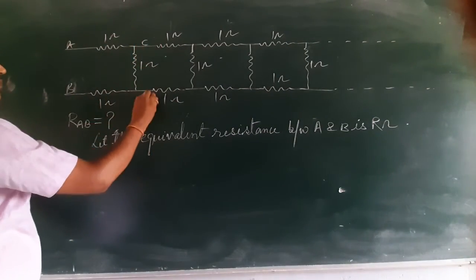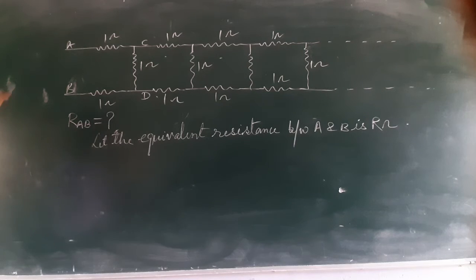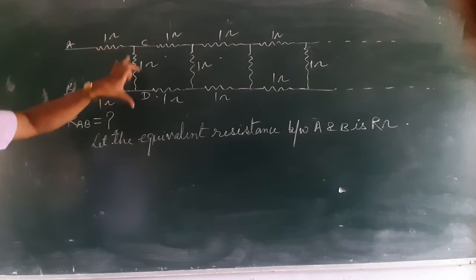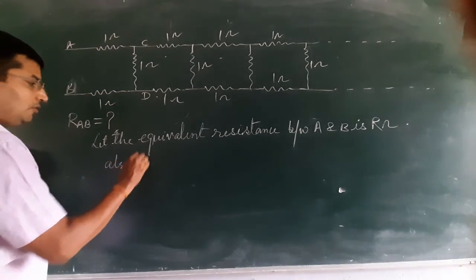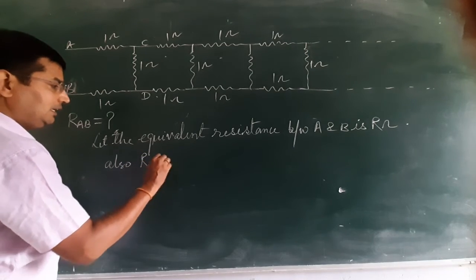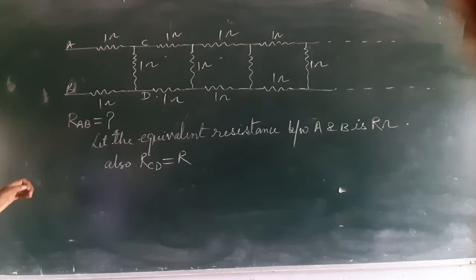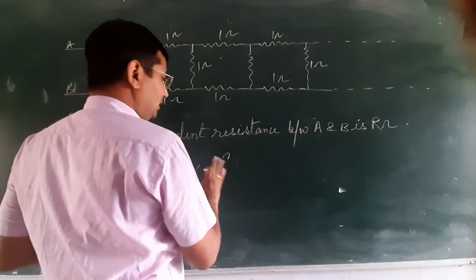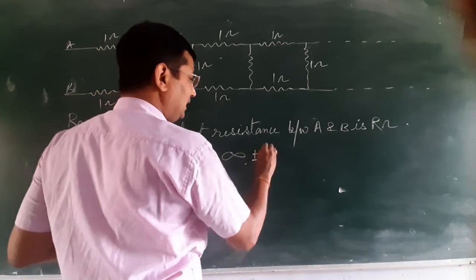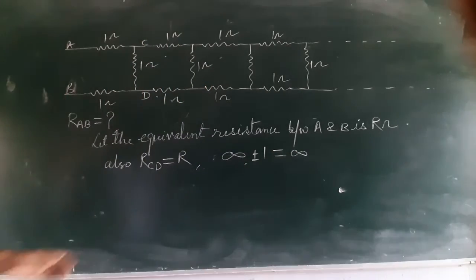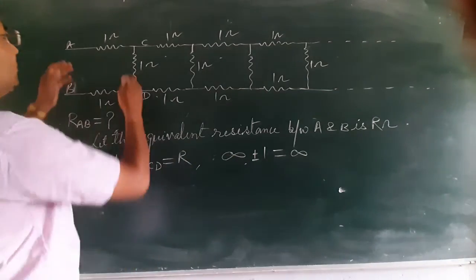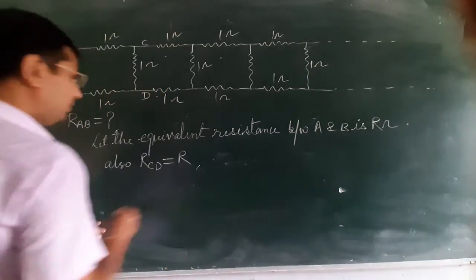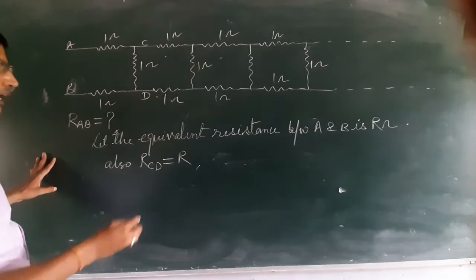I am supposing these points to be C and D. If the equivalent resistance between A and B is R, then what about the equivalent resistance between C and D? Also R, because infinity plus or minus 1 is still infinity, so the equivalent resistance between C and D will be R.